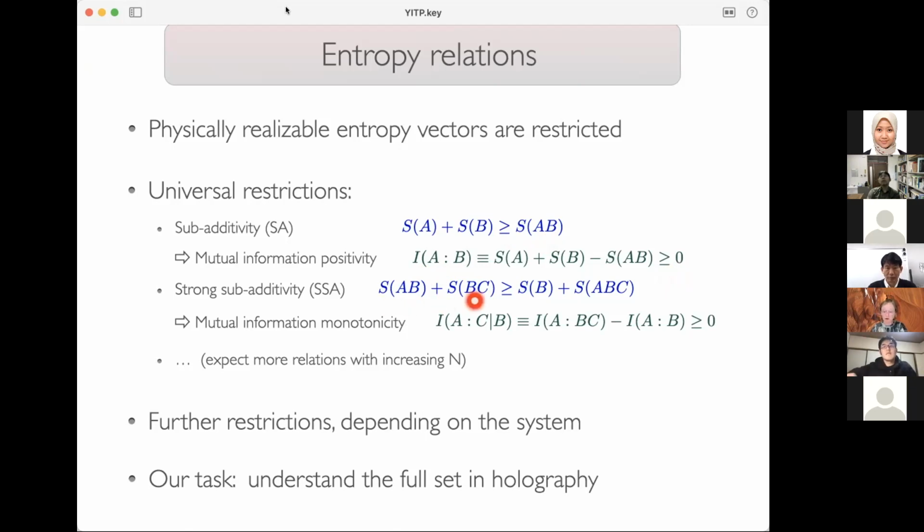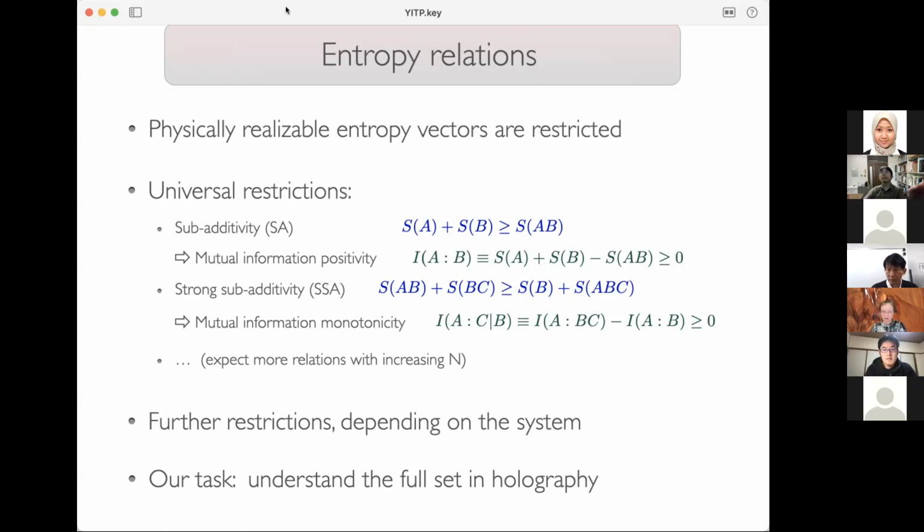And also the strong sub-additivity, which you can think of as sort of monotonicity under inclusion of this correlation, or positivity of this conditional mutual information, which just says that if you have 2 systems that are correlated, as you enlarge either one of them, that correlation can decrease. Okay, so those are both very sensible statements, and in fact they are completely universal statements about any quantum system.